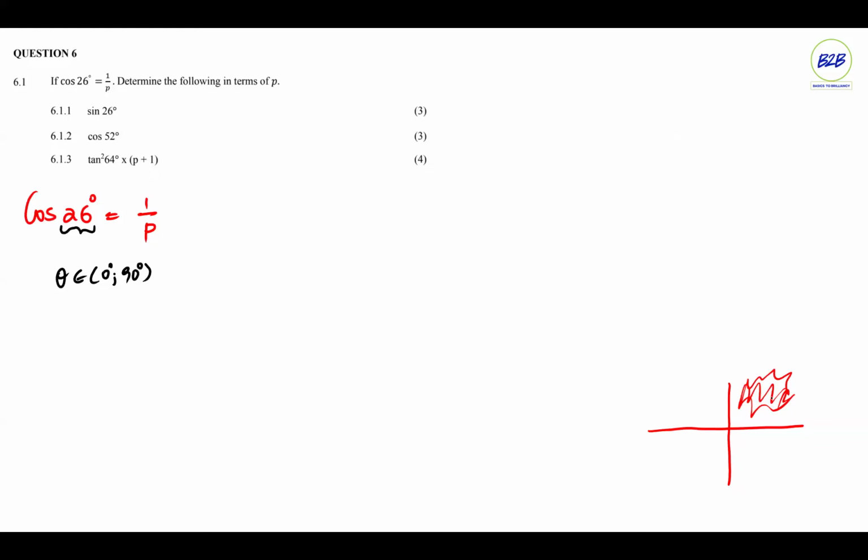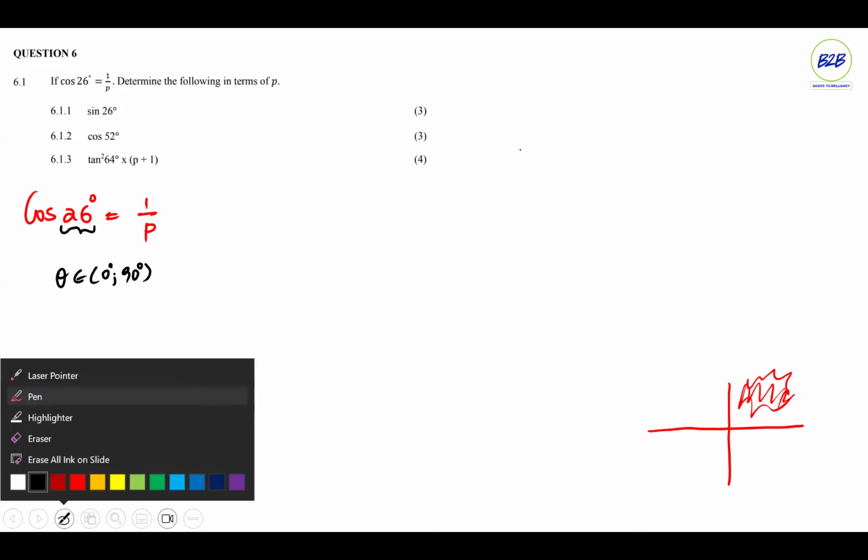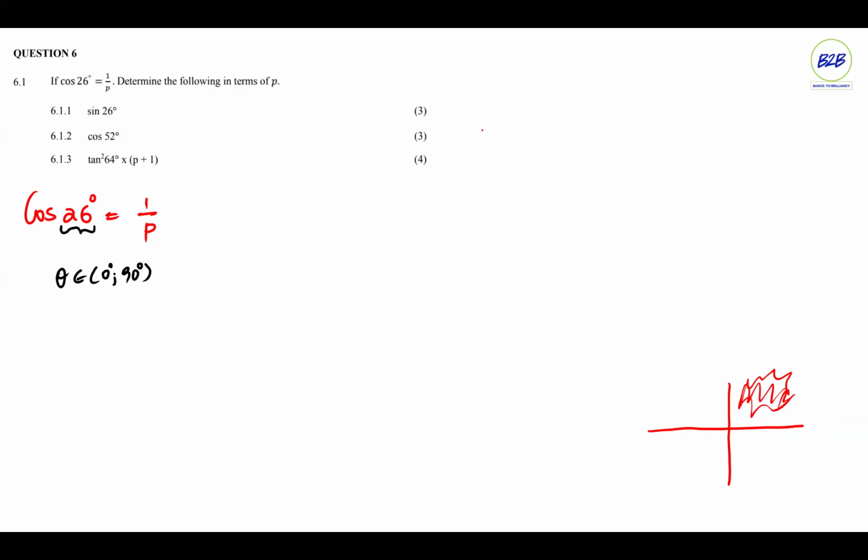So an angle of 26, which is between 0 and 90 degrees, belongs in the first quadrant. So we don't even have to think as to which quadrant we are going to use. We are going to use the first quadrant. You don't even have to draw a Cartesian plane for that.